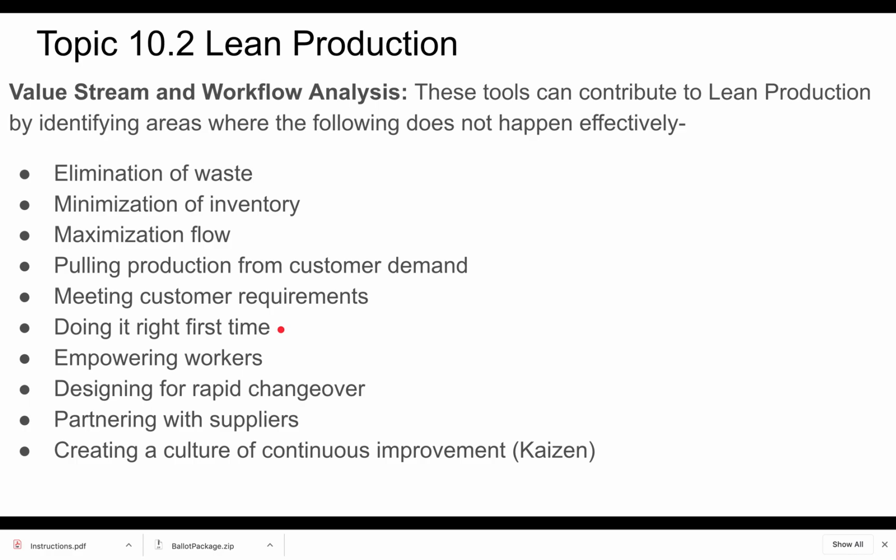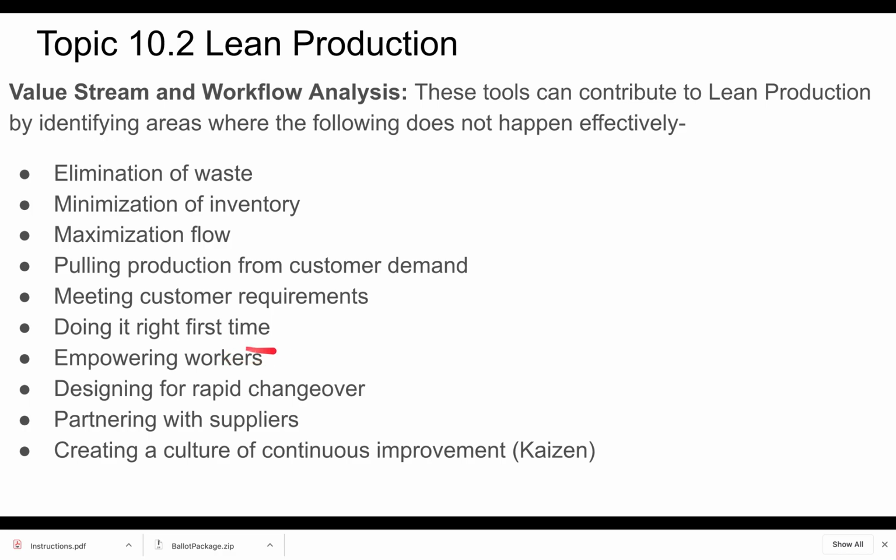Doing it right the first time goes back to elimination of waste, right? If you make something correctly the first time, then there's less waste. You're empowering workers. You want to train your workers and empower them to help make those decisions. This is going to come back in another concept that we're going to talk about called Kaizen. You're trying to get workers to be the kinds of people who notice problems, fix problems, and then improve things.